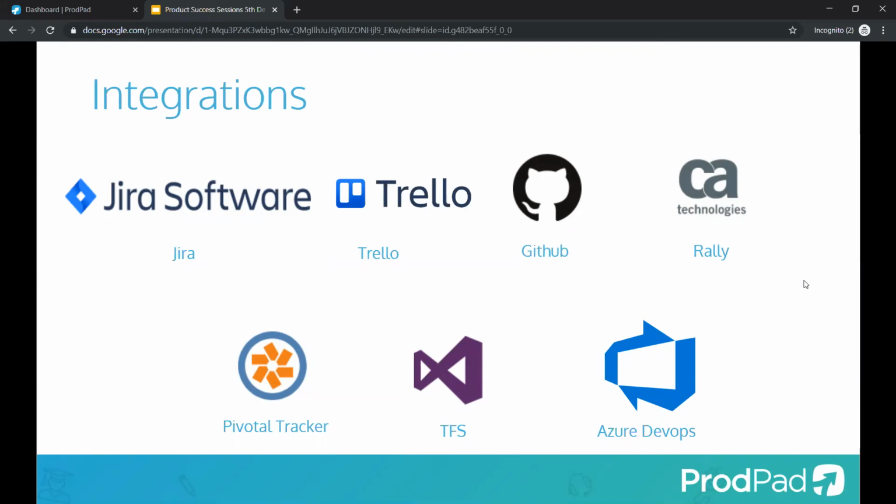Even if it's not one of these, we have really good APIs that you can use to set up your own integration, and we do integrate with Zapier like we mentioned before. If you haven't set up an integration yet with development, do let us know and we can have a chat around how to get those processes joined up so that you can get the most value out of using ProdPad.